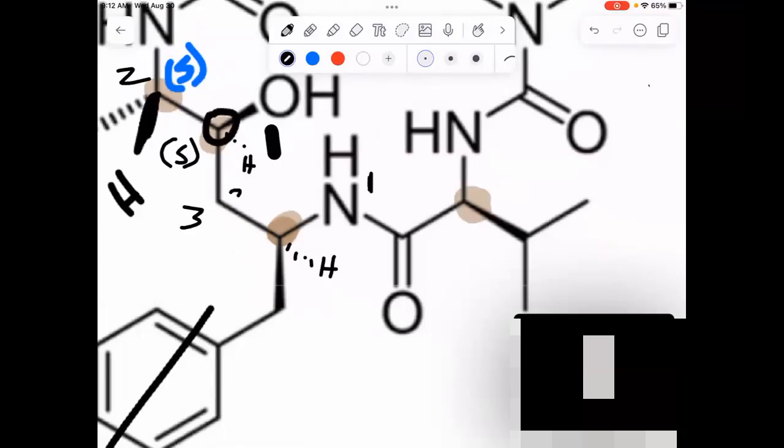And then the third one's the one with the ring on it. So let me highlight that. Is that counterclockwise? Yes. So that's also S. Yes. Excellent. I'm glad y'all are catching this.